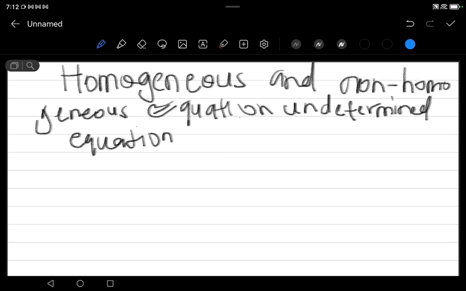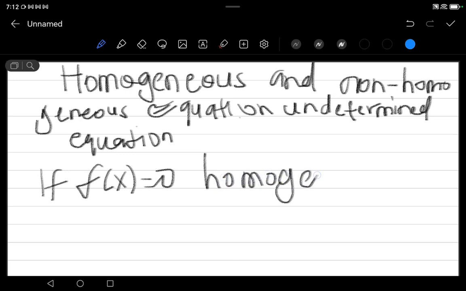So if f of x equals 0, the equation is homogeneous. So this equation is going to be a homogeneous equation. And then here we have first order and second order.